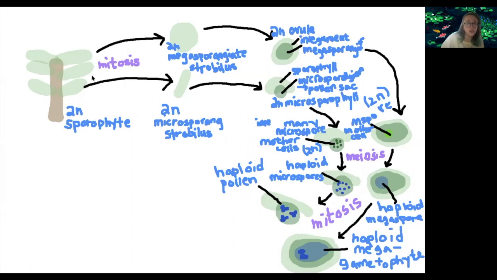We've gone from a diploid mature individual gymnosperm to having sperm, and let's just go ahead and make this an egg already. We know our archegonia are going to produce eggs.